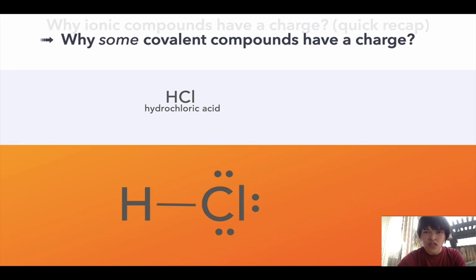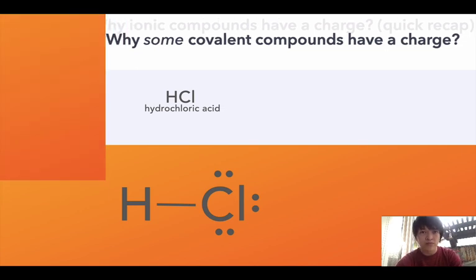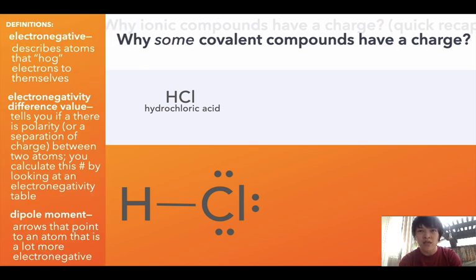This is where we need to know a few more vocab words. Electronegative. This describes an atom that hogs electrons to itself. Electronegative difference value. This tells you if there is a polarity or a separation of charge between two atoms, and you calculate this number by looking at an electronegativity table, which you can easily Google.